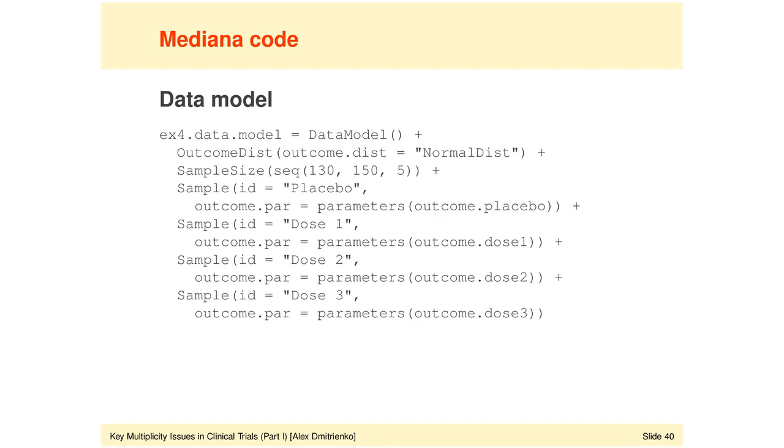And finally, we have 4 sample objects that specify parameters of each individual sample within this data model. The IDs of each individual sample show that those samples correspond to the 4 trial arms in this trial, and the objects that were defined earlier are going to be passed to the individual samples to specify the parameters of the normal distribution for the primary endpoint.